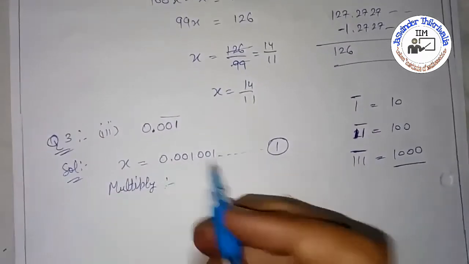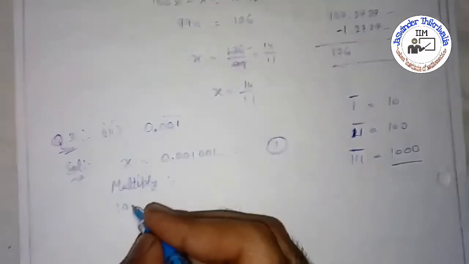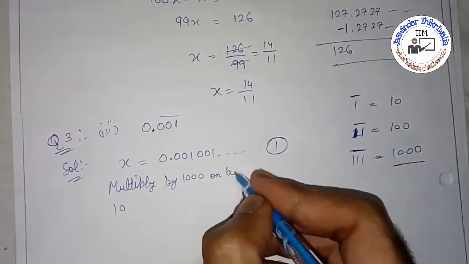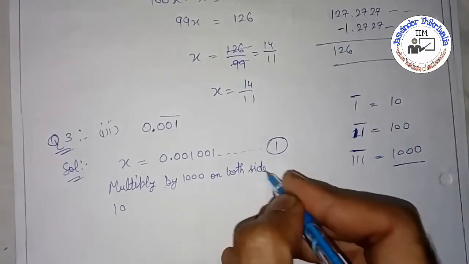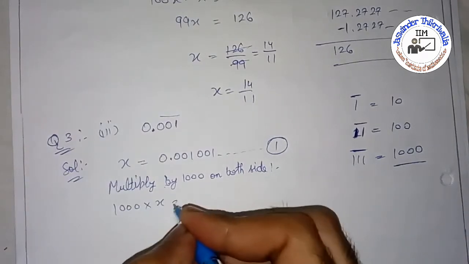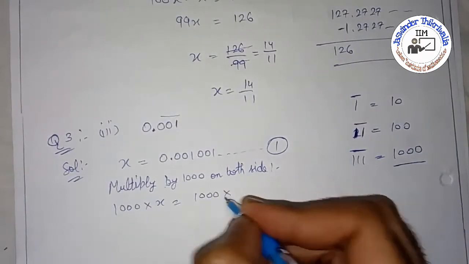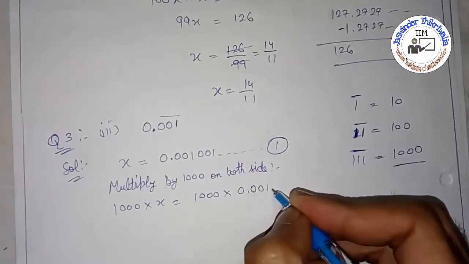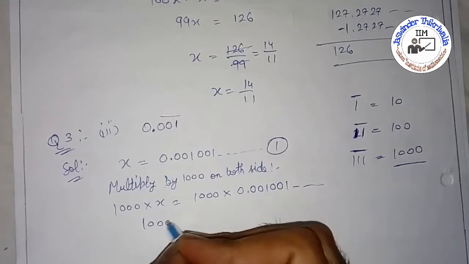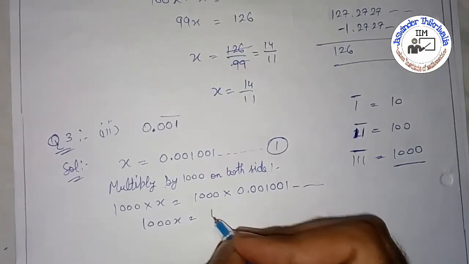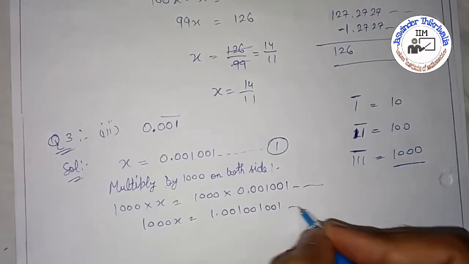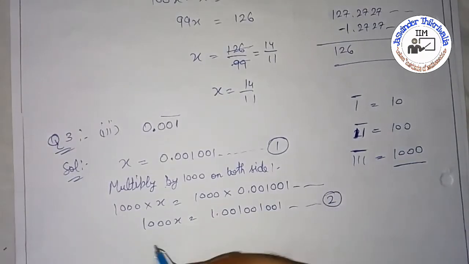So we will multiply 1000 on both sides. We get 1000 multiplied by x, and on this side 1000 multiplied by 0.001001 and so on. Here we will get 1000x, and here we will get 1.001001001 and so on. This is our equation 2.